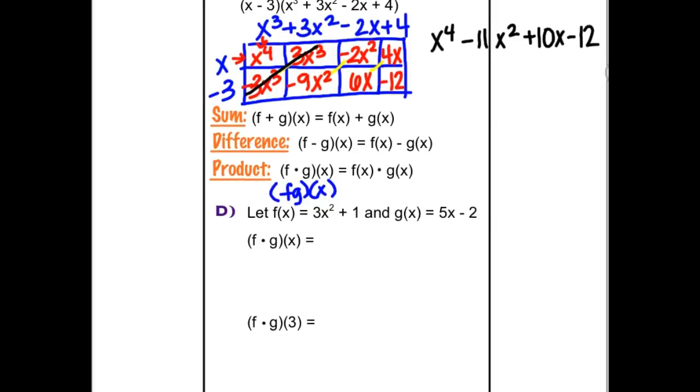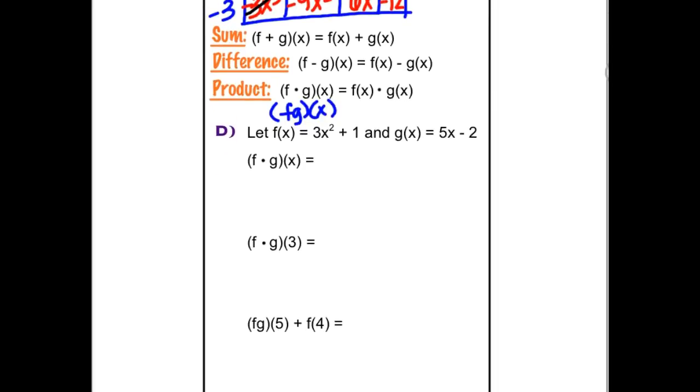So when we have f times g of x with f of x equal to 3x squared plus 1 and g of x equal to 5x minus 2, this really means f of x times g of x, which is going to be 3x squared plus 1 times 5x minus 2, and you can use the lattice box method that I used up above. I'm going to just do a quick FOILing.